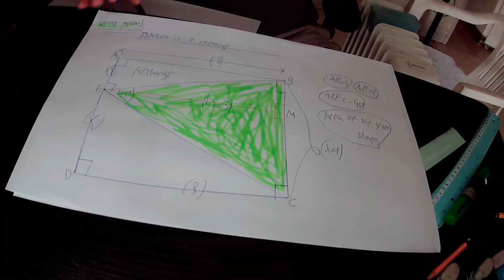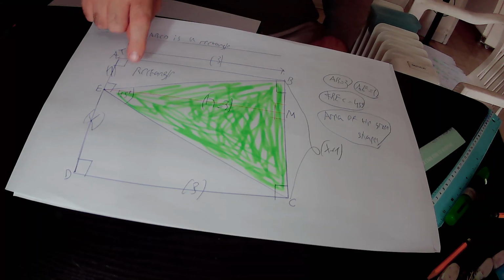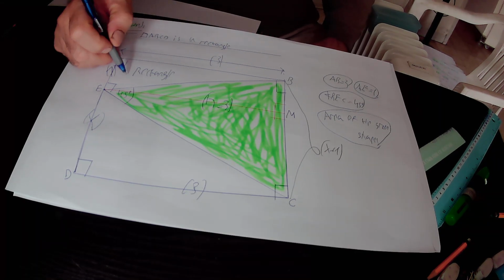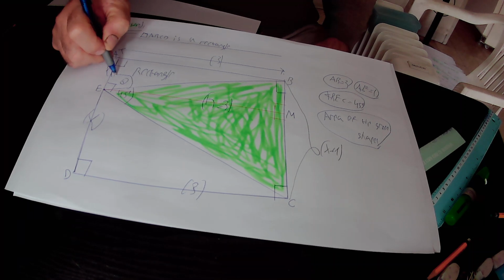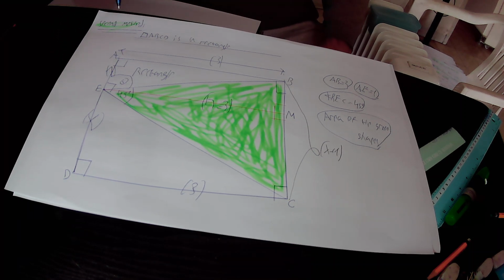So all the things that we have done in the second method, we already did in the first method. Now in the second method, we will do another thing. That is to say, we will define this angle AEB as theta. And we will focus on the upper right triangle, triangle ABE.